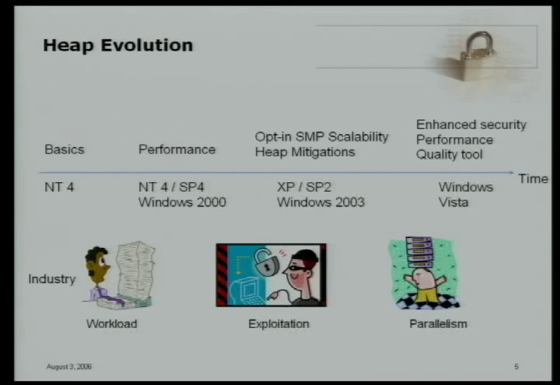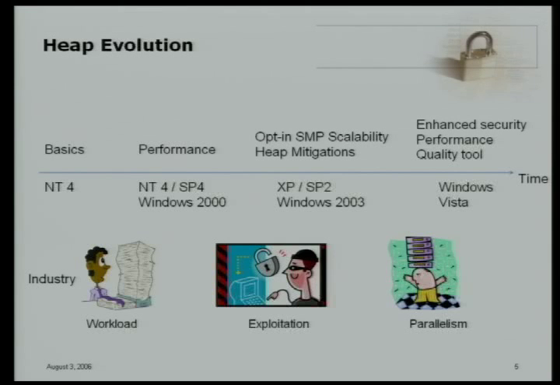And at the same time, in the security community, the heap exploits became more visible. And at that time in XP Service Pack 2 and Windows Server 2003, we had the first round of heap mitigations where we tried to take away the low-hanging fruits that people would use to run arbitrary code on a machine.